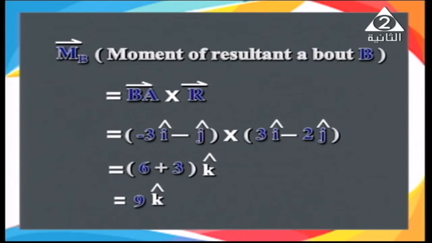The answer is 9K. My dear student, CA cross R is the moment about C.